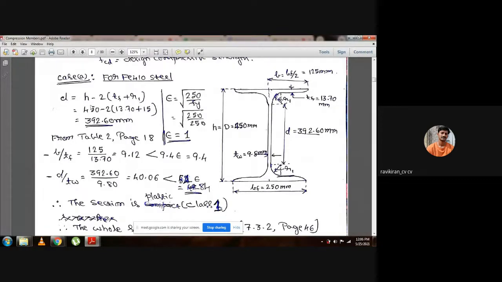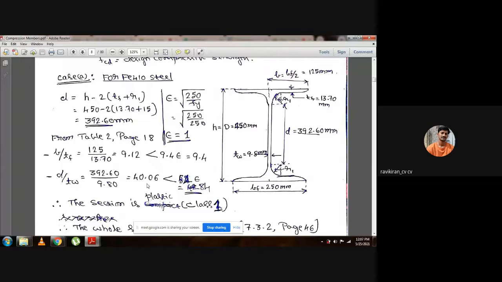So the total depth is 450 minus 2 times 13.7, thickness of flange, plus R1, root radius, 15. If you do so, we'll get 392.6 millimeter. So 392.6 divided by the thickness of web, 9.8, gives us 40.06.